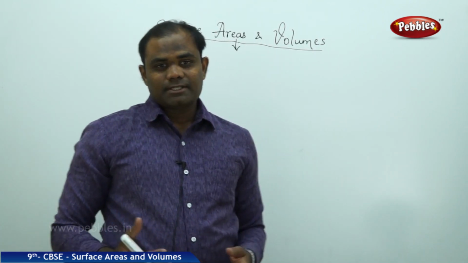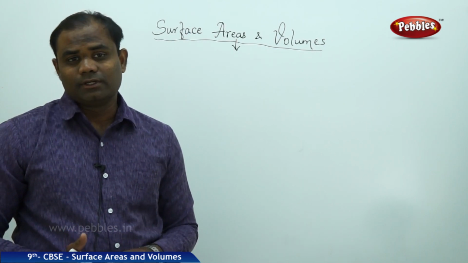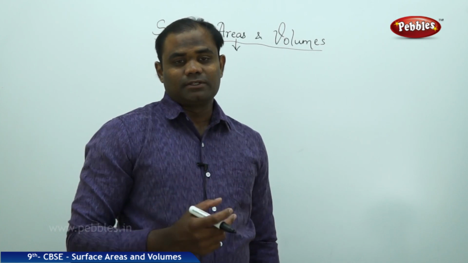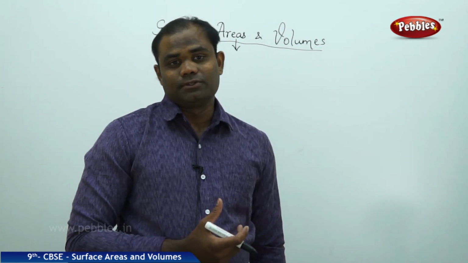So now that we have discussed a cylinder and a special case of a right circular cylinder, it is very important to note that unless otherwise stated, a cylinder is assumed to be a right circular cylinder.